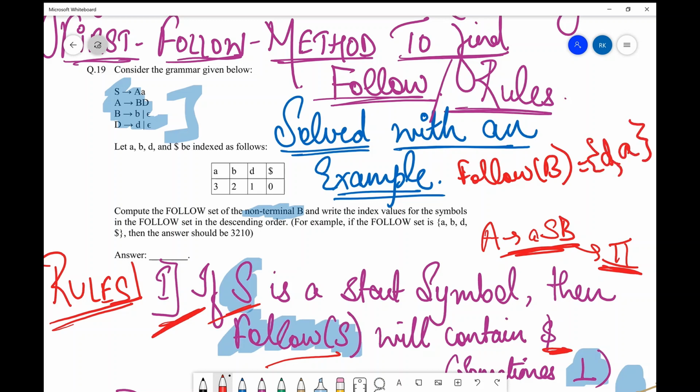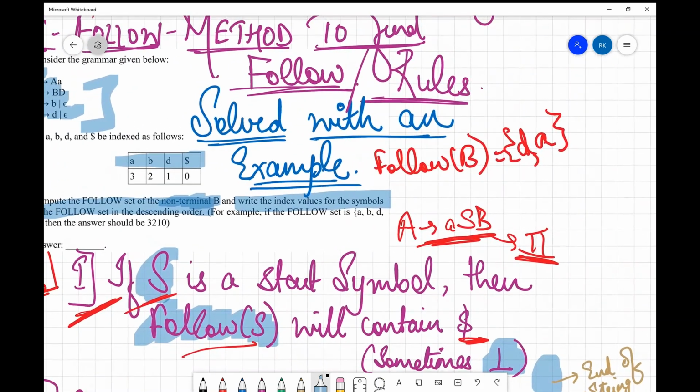Now they just don't want this, they want something else also. So what are they asking? They are asking, write the index values for the symbols in the follow set in the descending order. So these are the index values over here, right? For example, if the follow set is A, B, D, dollar, then the answer should be 3210. So we just have to write their index values.